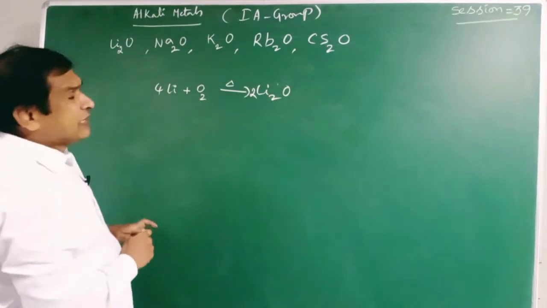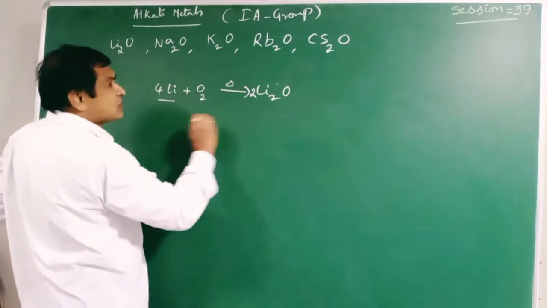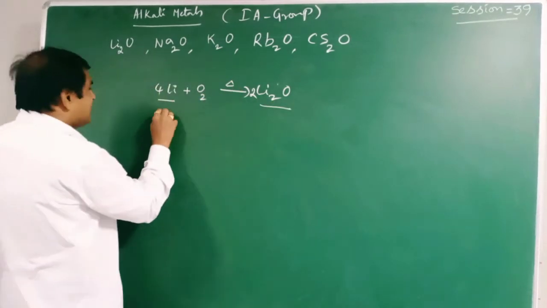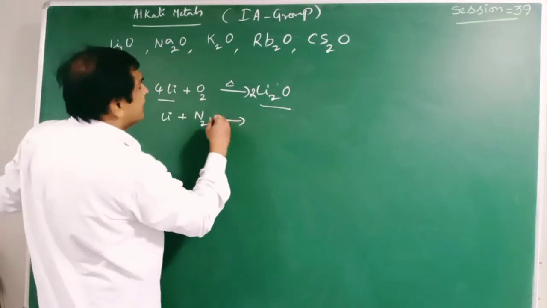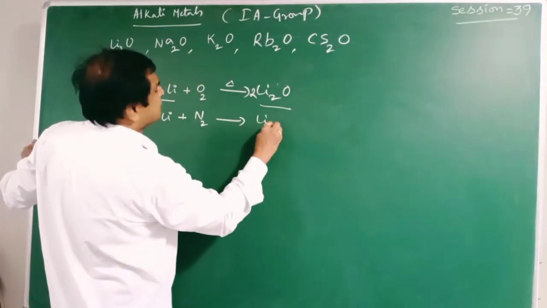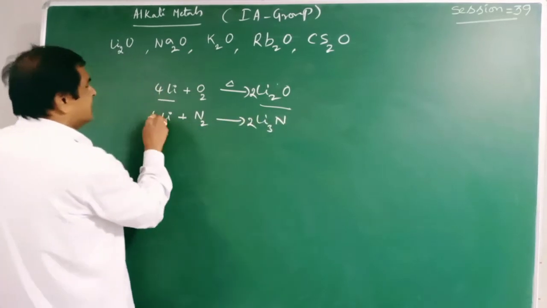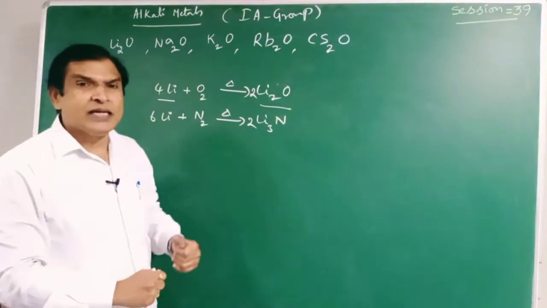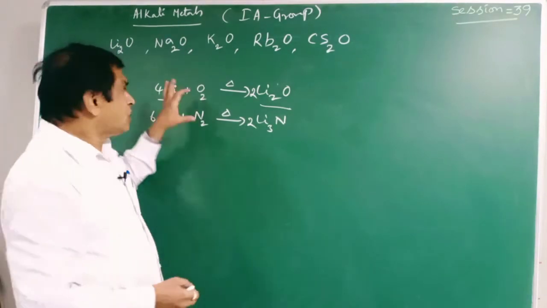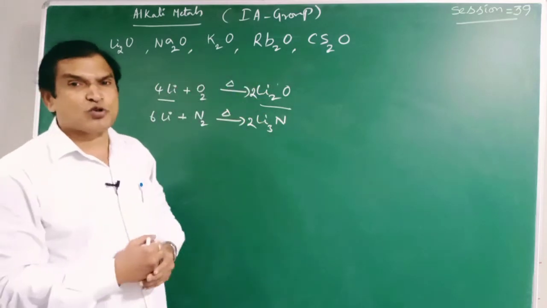See the peculiarity of lithium: when burnt in air, it forms lithium oxide, and it can also burn with the nitrogen present in the air to form lithium nitride, Li3N. When burnt in air, lithium reacts with both oxygen and nitrogen and forms the corresponding oxide and nitride.